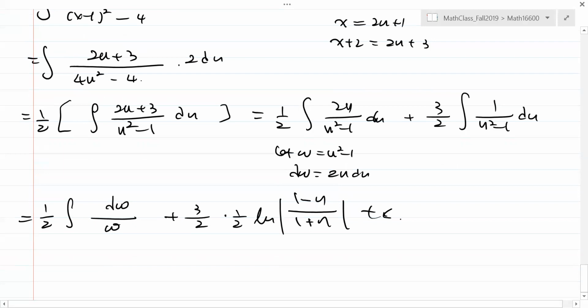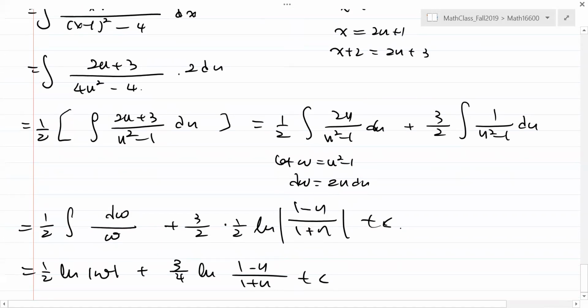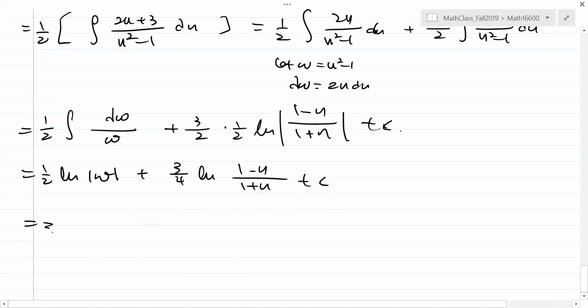All right. So W is the natural log of the absolute value of W, plus 3/4. All right, so what is W? W is u squared minus 1.